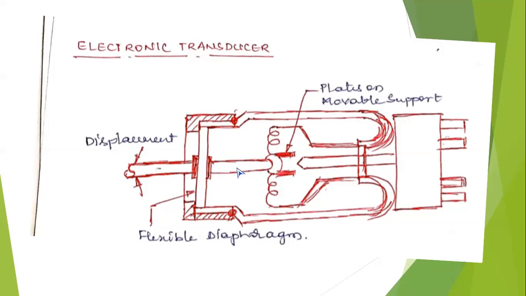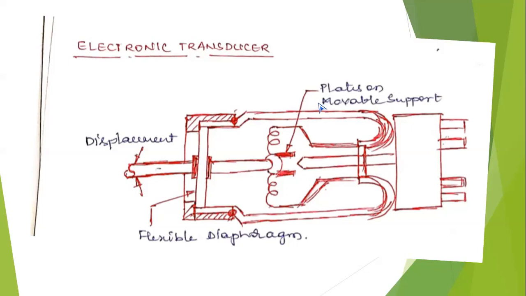This plunger or rod, you can see here, is connected to the tungsten filament. All of you observe here. The tungsten filament has two plates.